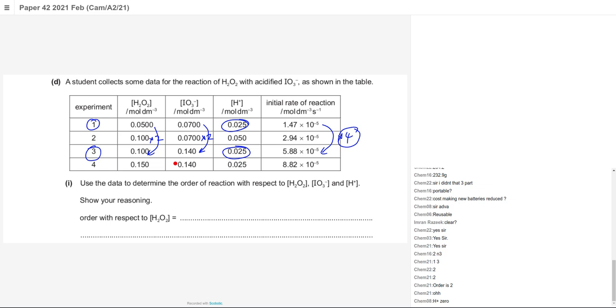As the order with respect to H2O2 is first order, the rate is doubled with respect to H2O2 and doubled with respect to IO3 minus. Therefore, the order with respect to IO3 minus is first order.